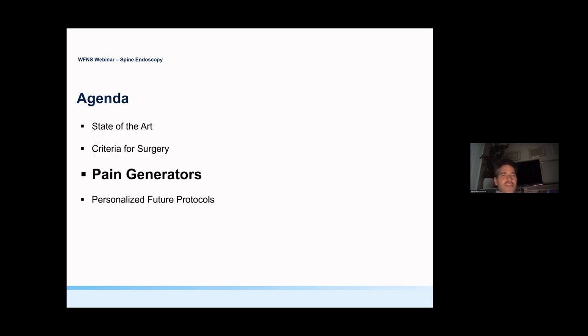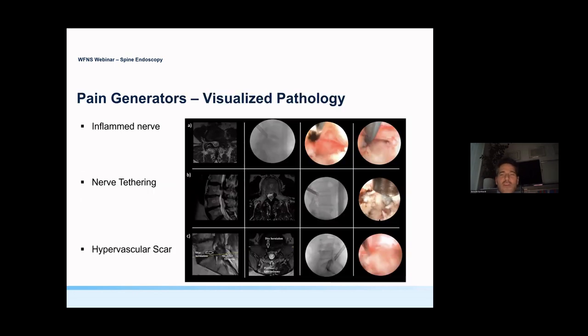So what kind of pain generators do we have? There is not only a disc herniation or a synovial cyst or hypertrophic ligamentum flavum. You can also have inflamed nerves, as you can see here, or tethered nerves that are attached and not mobile, even though the patient did not have a previous surgery.